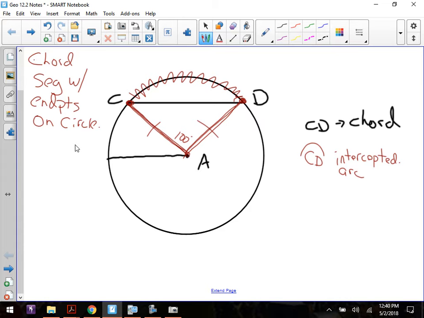A couple of weeks ago, we talked about arcs and their central angles. The central angle is the measurement of whatever arc it is. The central angle, CAD, has endpoints on the circle, which creates the arc. If I connect those two endpoints, it creates a chord. It all relates back and forth to each other.